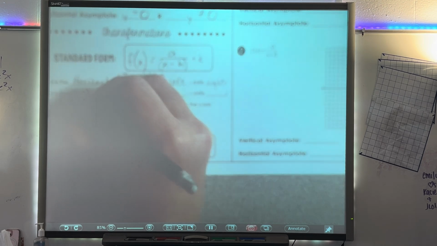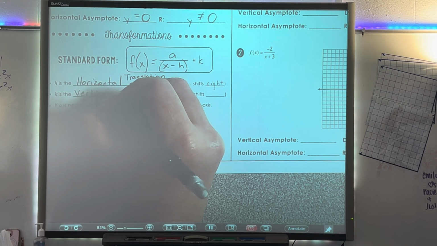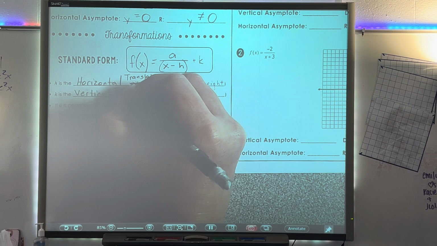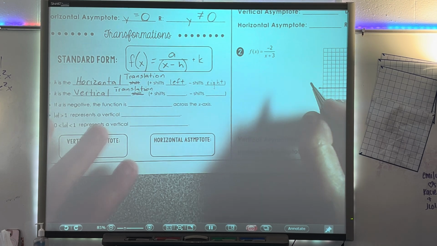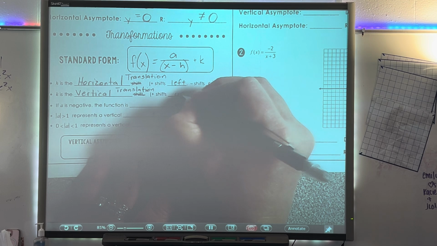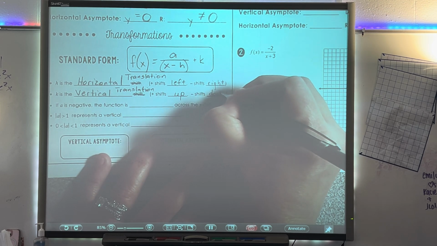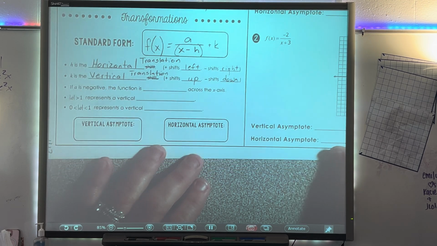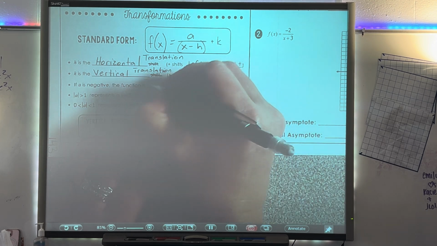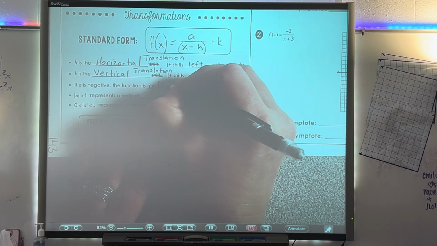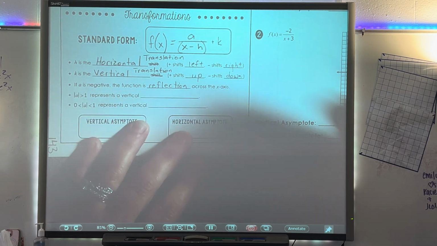K is your vertical translation. We get to keep the sign as is. So if it's positive, it's going up. If it's negative, it's going down. Everybody okay there? If your a value has a negative out front, it is going to be a reflection across the x-axis.